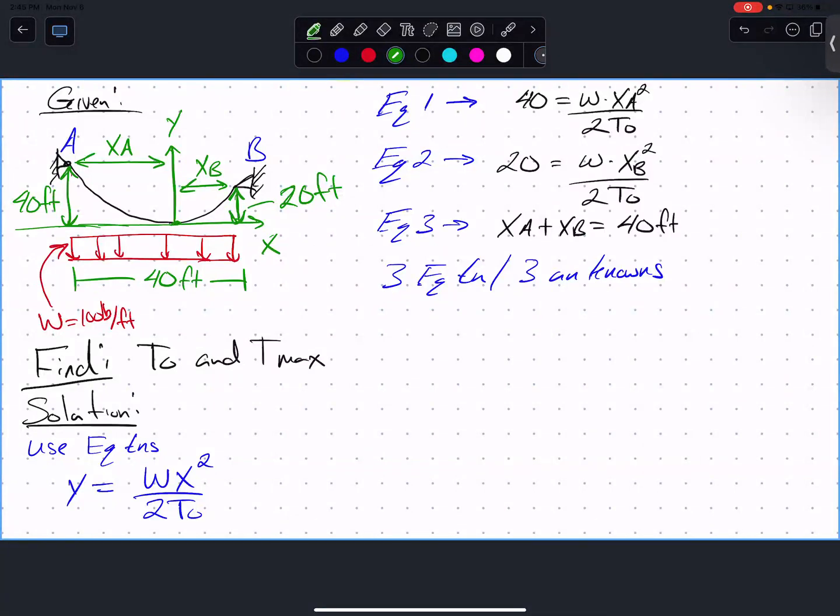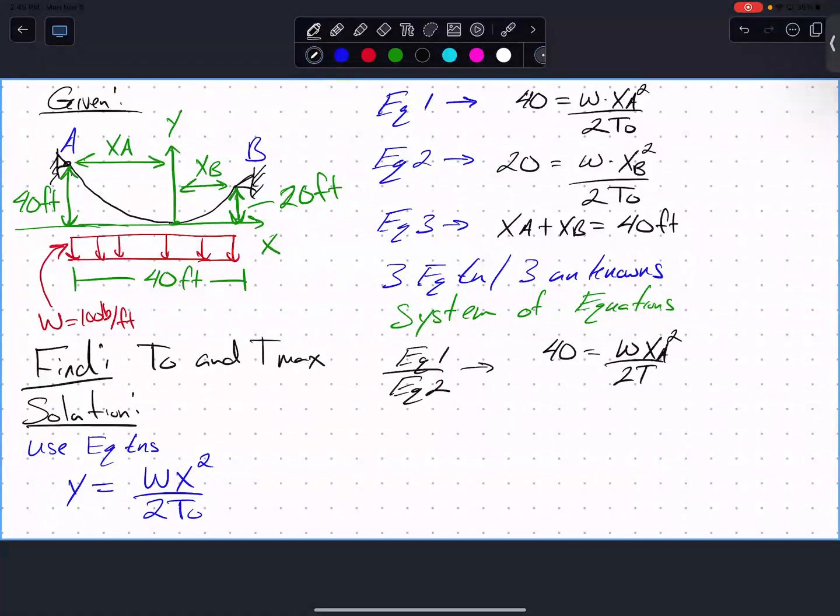It's a difficult system of equations to solve. One way that I found is a nice way to handle this system is to take equation 1 divided by equation 2. So 40 equals w xa squared over 2 T naught, divided by 20 equals w xb squared over 2 T naught.